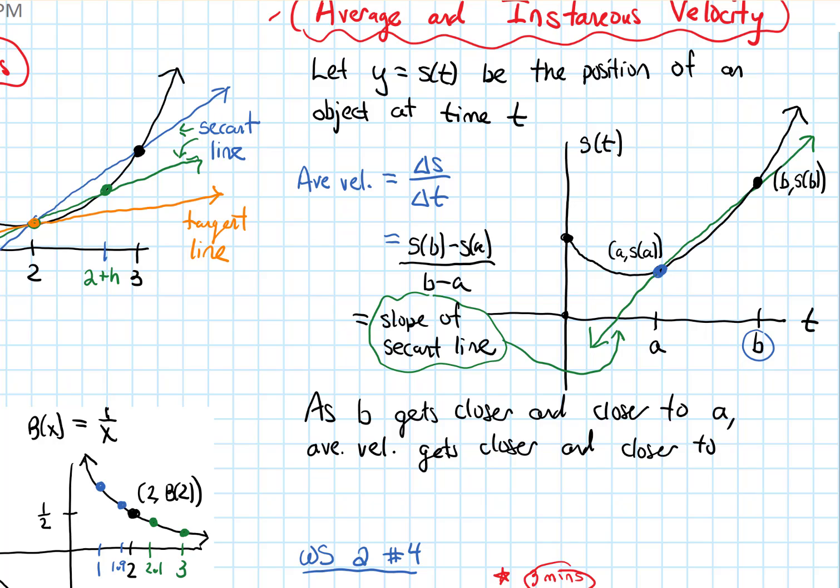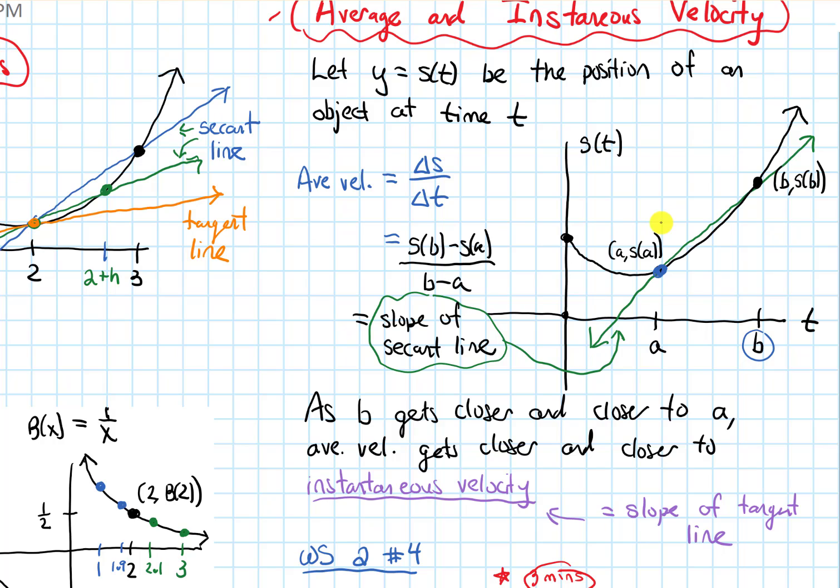to the instantaneous velocity. So the instantaneous velocity is going to be the slope of the tangent line.